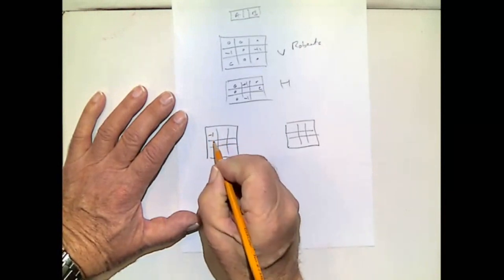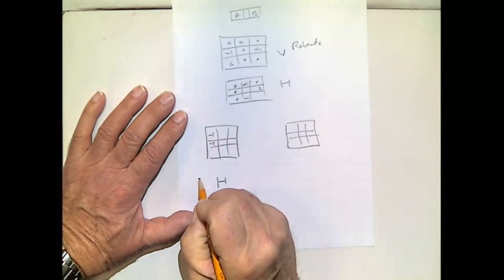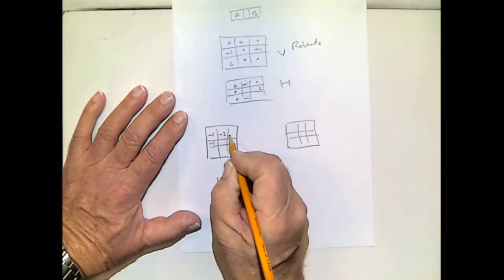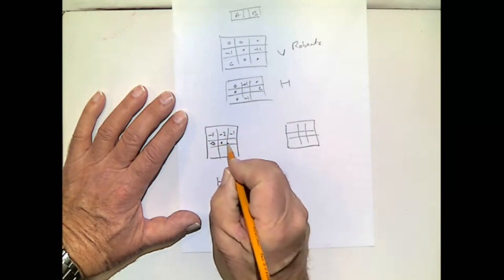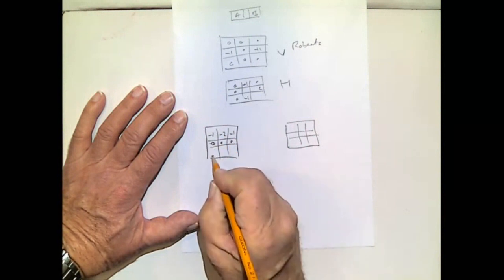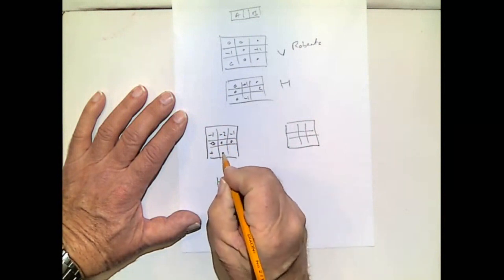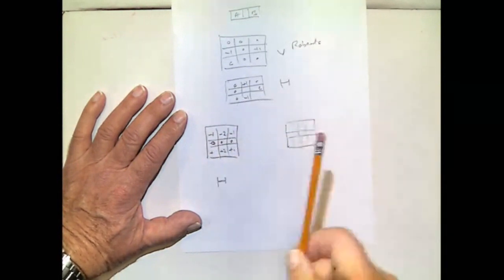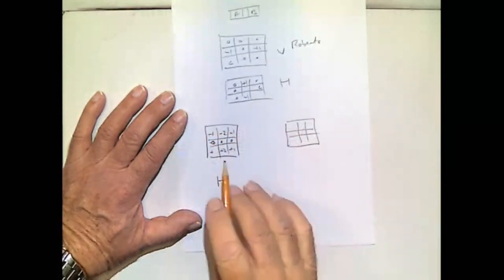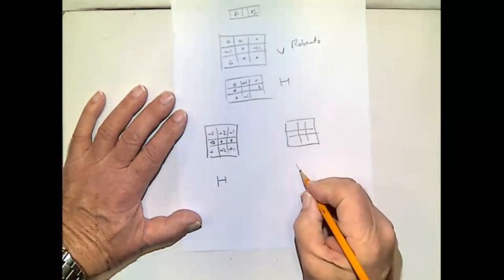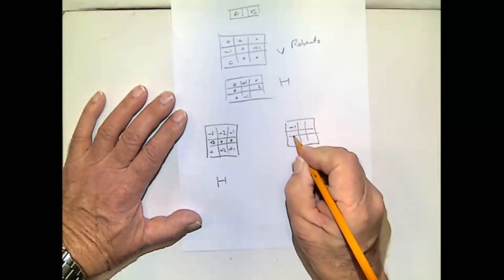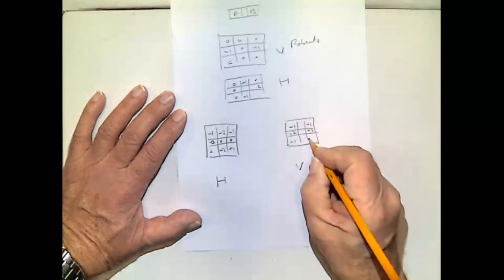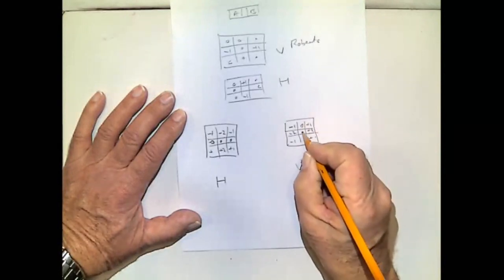It could be -1, -2, -1, naught, naught, naught, +1, +2, +1. You look at the values above and below, and any horizontal edge will show up. The vertical one is -1, -2, -1, +1, +2, +1, and the others are zeros.